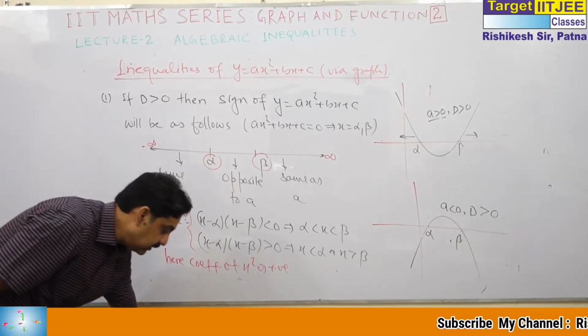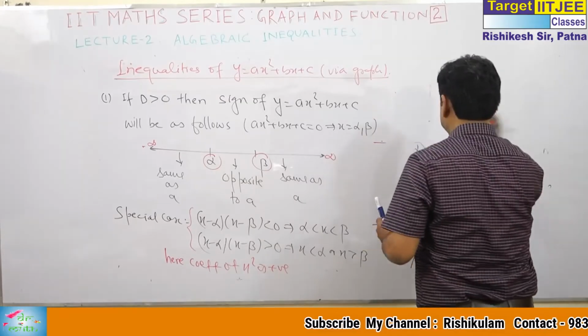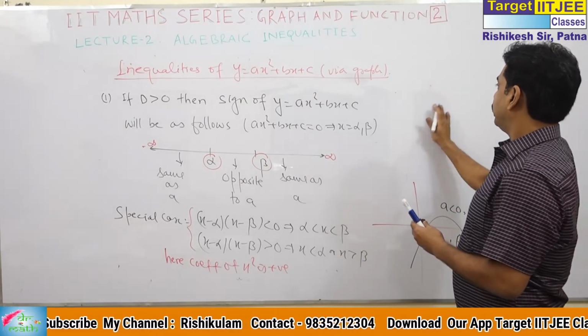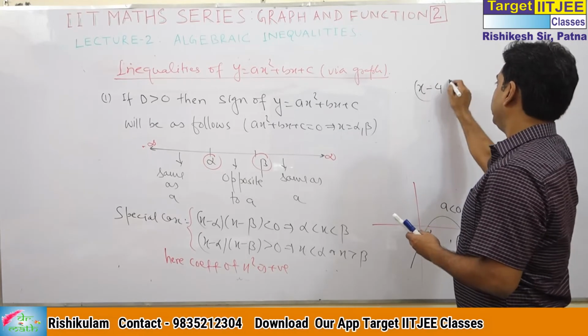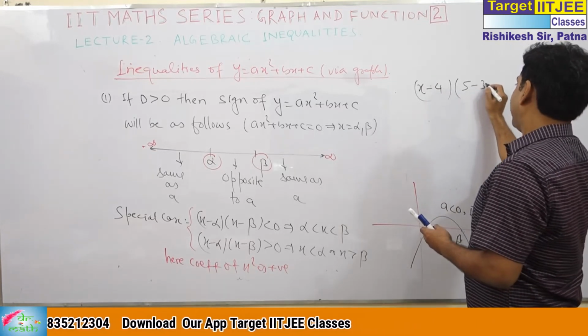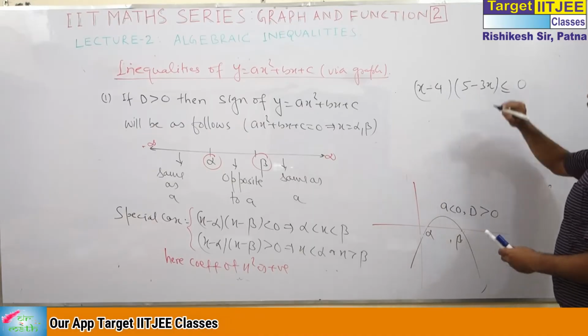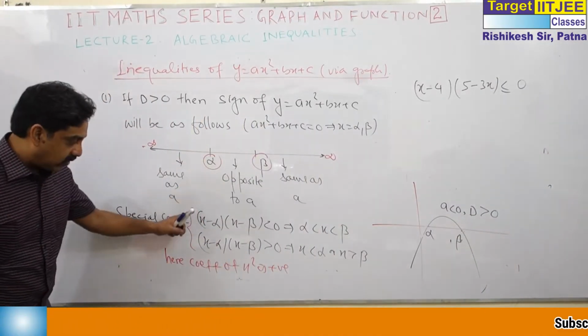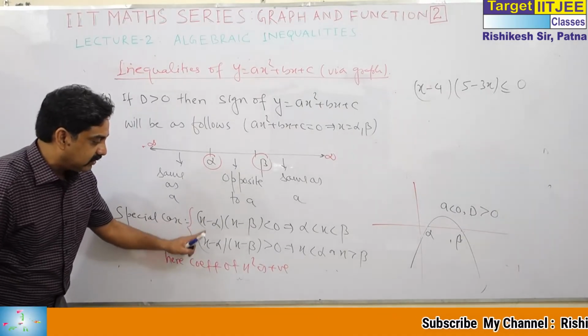I will erase that one. For example, suppose we have to solve x minus 4 into 5 minus 3x less than equal to 0. Here we cannot use this result. Why we cannot use this result?